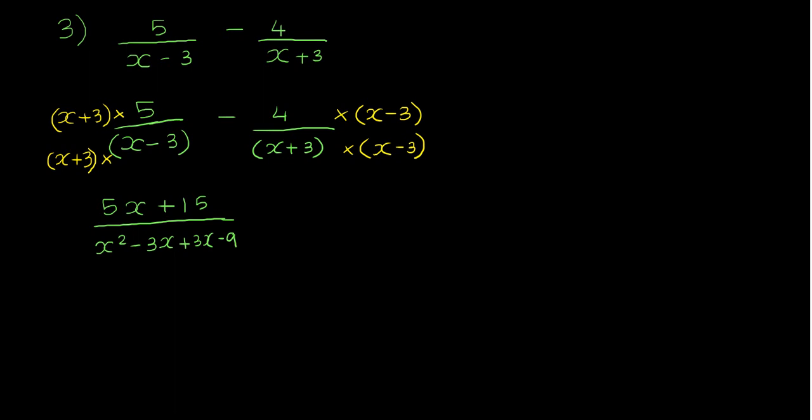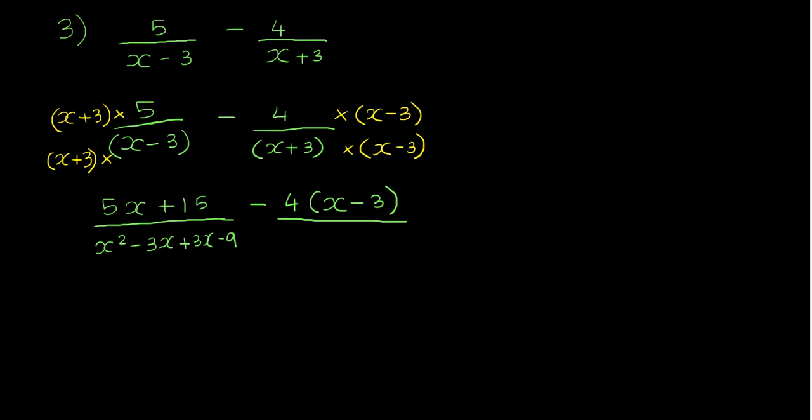Okay, now what I'm going to do is, because I have to keep this as two separate fractions at this moment in time, I'm going to leave the expansion of the numerator as it is, and I'm going to expand the denominator.